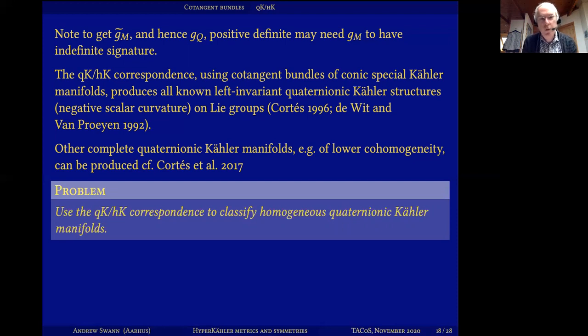So one natural problem to ask is, can you use this QK-HK correspondence to actually get a full classification of the homogeneous quaternionic-Kähler manifolds, or at least get more information about the structure of those manifolds? It's not even a priori clear that you should just be restricting to HyperKähler manifolds that come from special Kähler geometries. It could be more general than that.